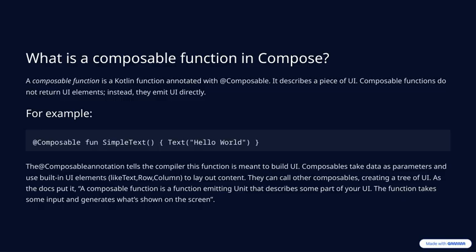It takes some input and then generates what's shown on the screen. Understanding this is crucial as it ties into the overall theme of Compose, building UIs in a more declarative, intuitive way by describing what you want, rather than managing every UI state manually.